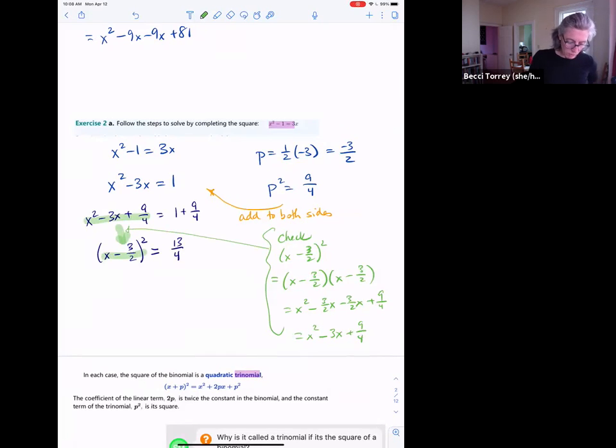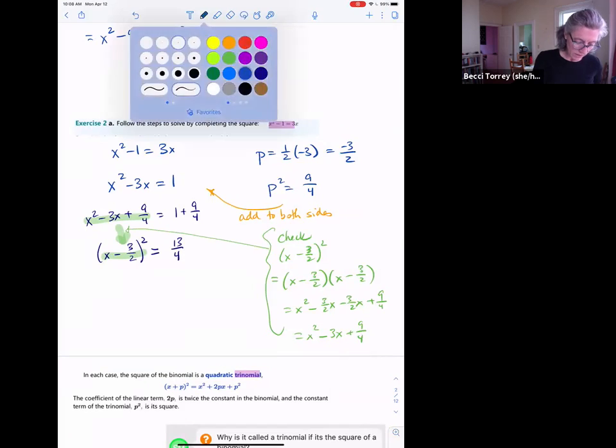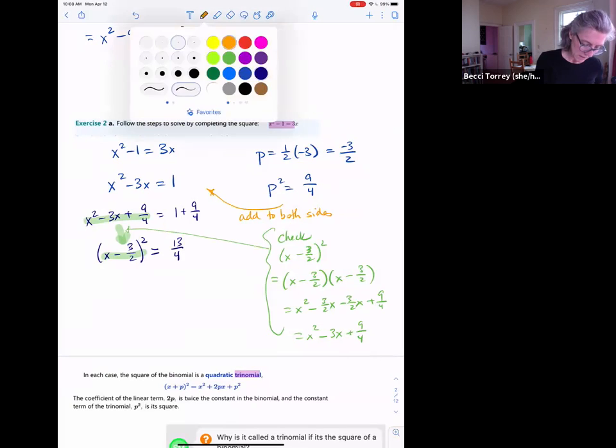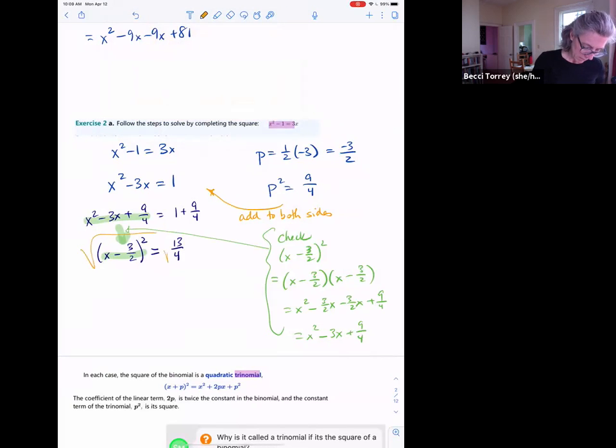But then the whole point of this is now, in order to solve this quadratic equation, we can take the square root of both sides, which gives us x minus 3 over 2 equals the square root of 13 over 4, which is the same as the square root of 13 divided by the square root of 4, which is 2. And then you can add 3 over 2.